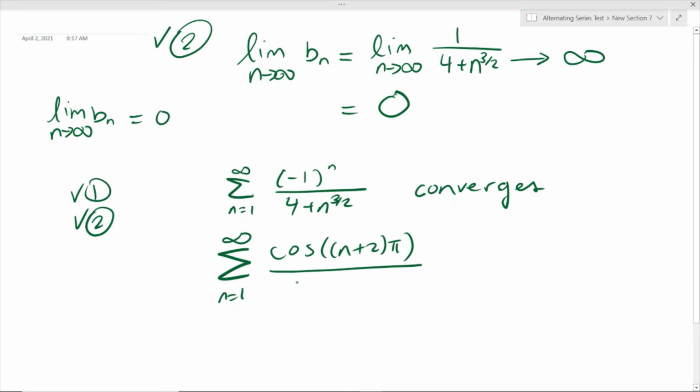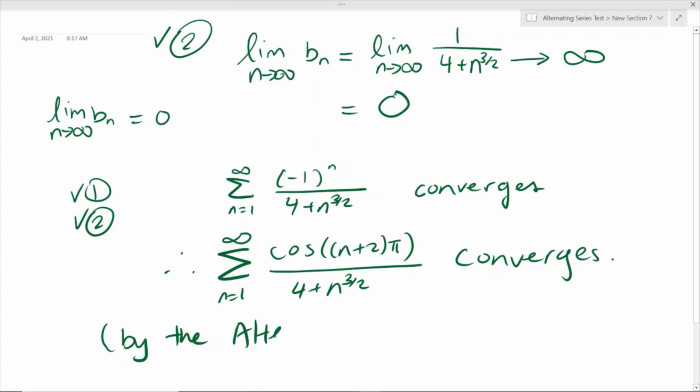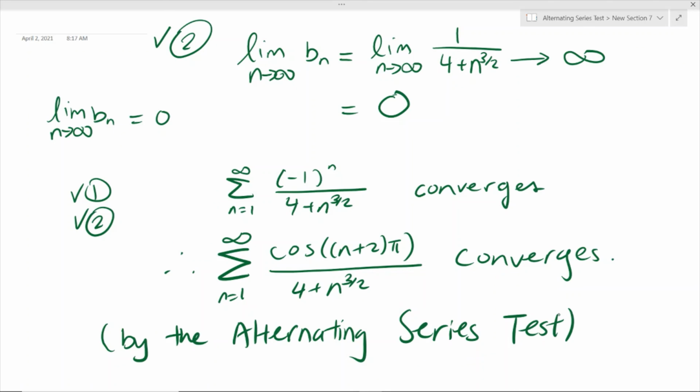We have to rewrite the original question so we can answer it. Since this converges and they're equal, therefore this series also converges, and this is by the alternating series test. Okay, and this brings me to the end of the video.